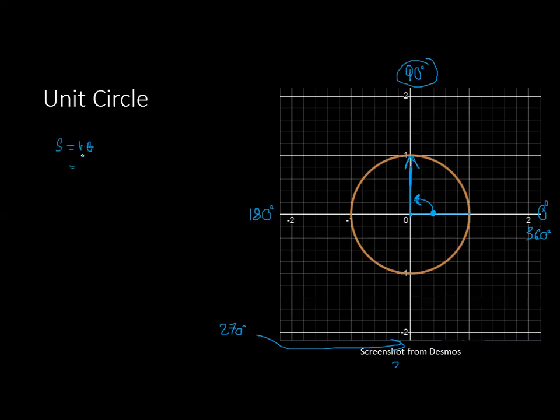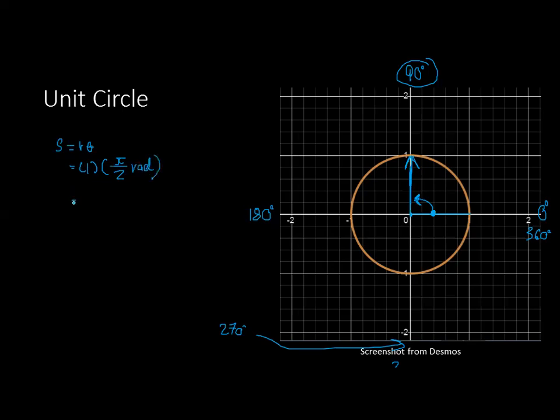Your r is your radius, and remember, the radius of the unit circle is 1, right? Times theta. Your theta here should be in radians. So here, I'm just going to go straight forward, because I already discussed how you convert an angle in degrees into radians. So this one is just the same as pi over 2 radians.